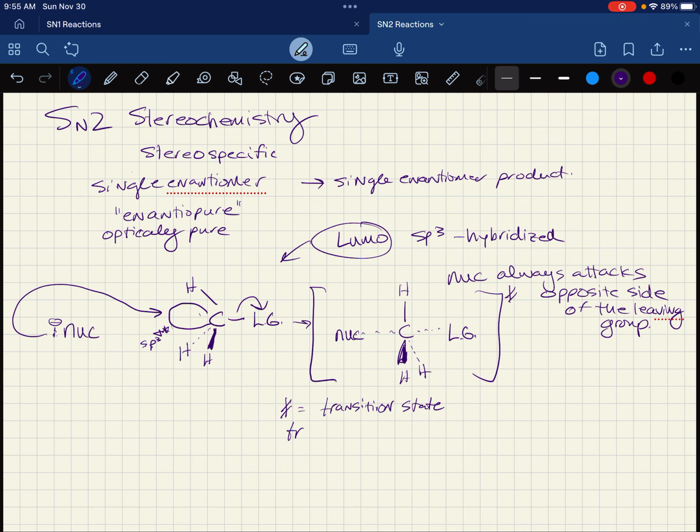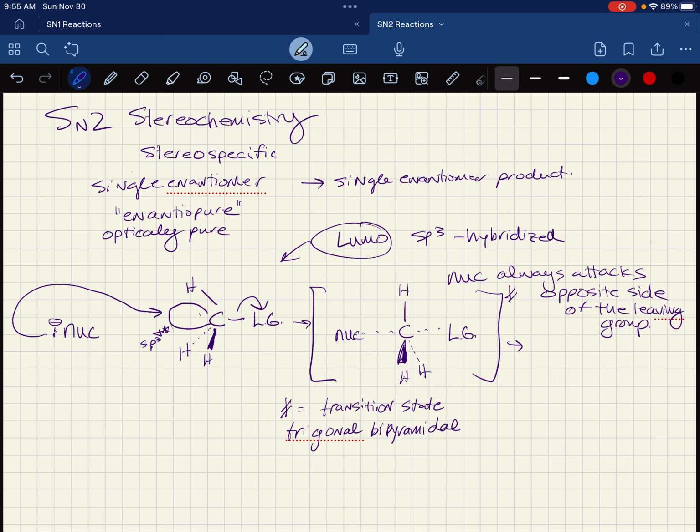And this has a trigonal bipyramidal geometry, if you remember that from general chemistry. And primarily, this leaving group is going out the opposite side of the nucleophile.